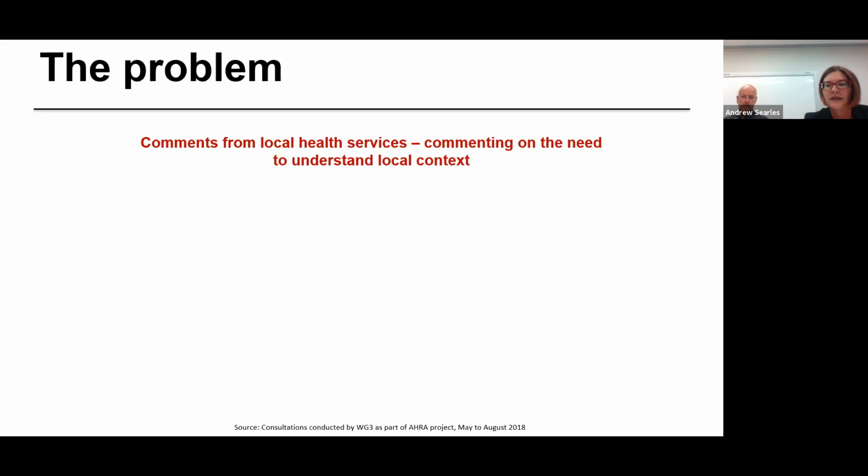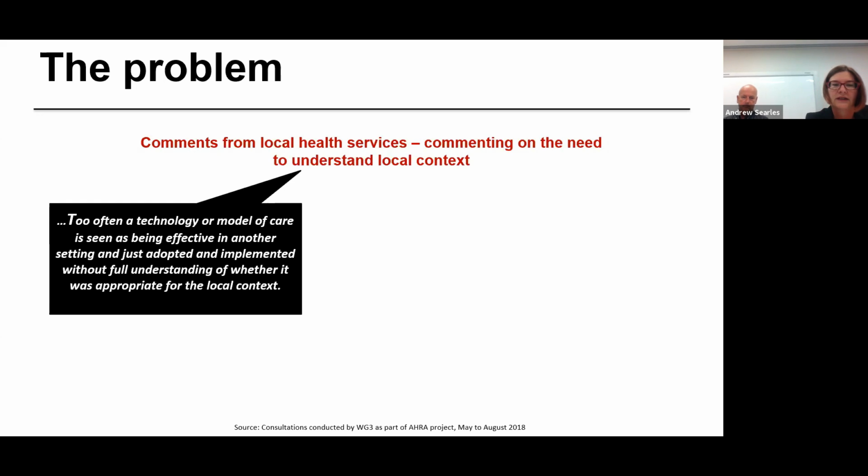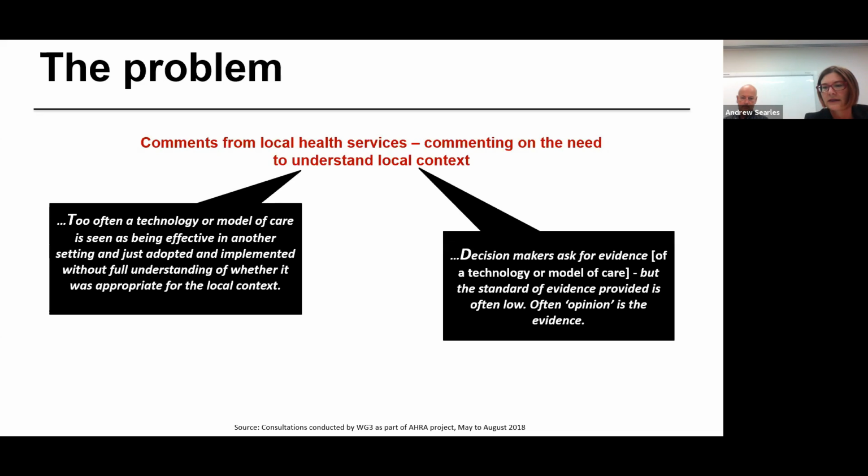So some specific comments from the health services that we spoke to when we were undertaking the project, emphasising why it's important to take into account local context. So, for example, too often a technology or a model of care is being seen as effective in one jurisdiction and is just adopted in another without taking account of that local context. And decision makers ask for evidence, but the standard of evidence provided is variable.